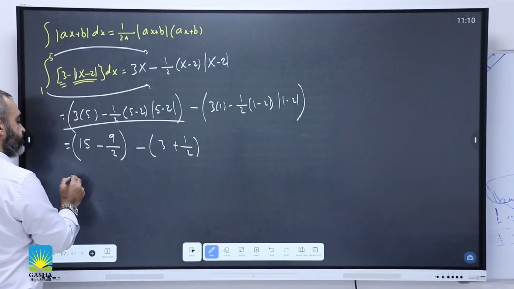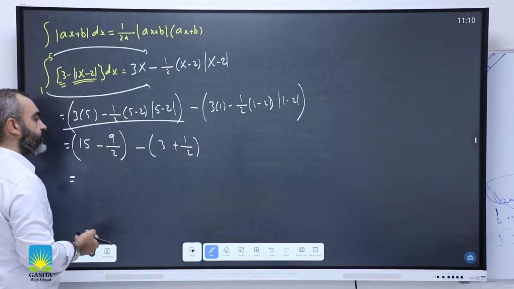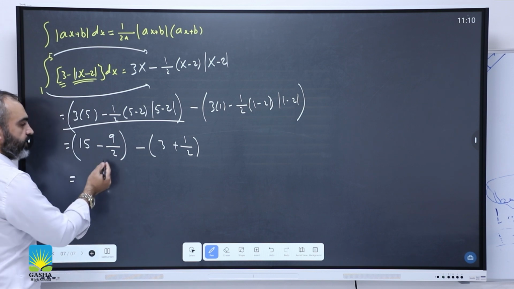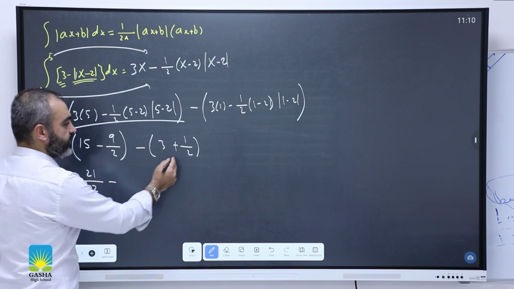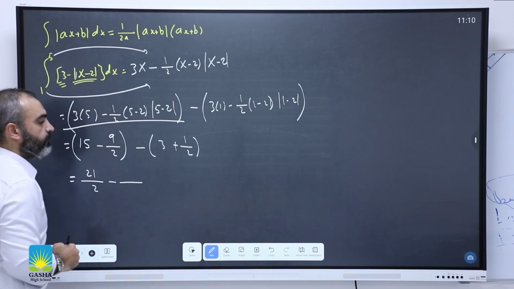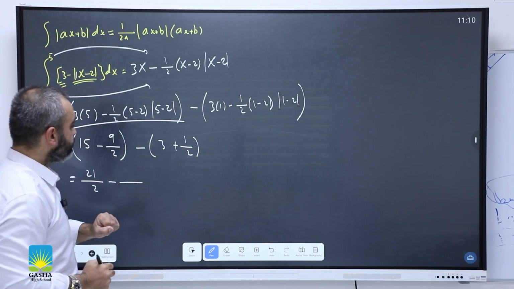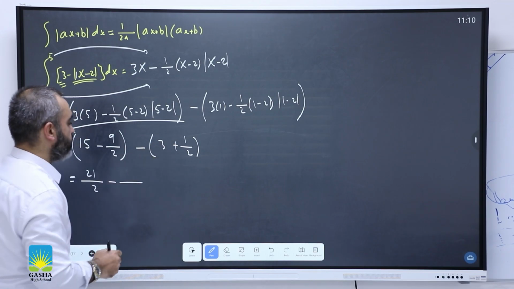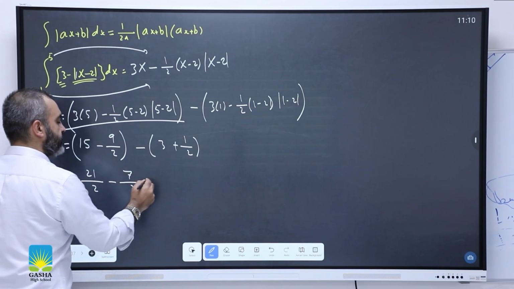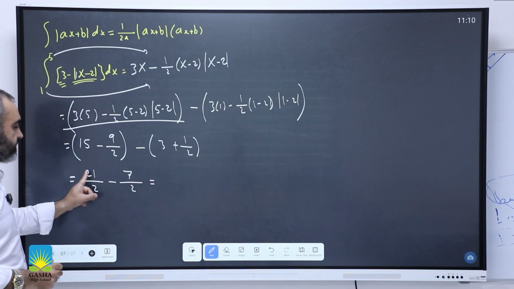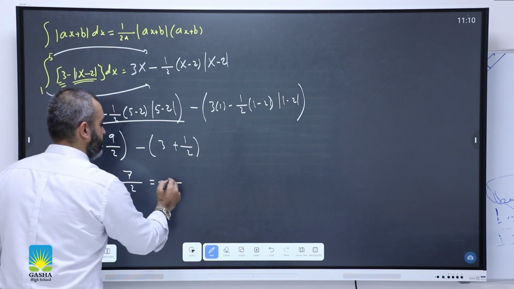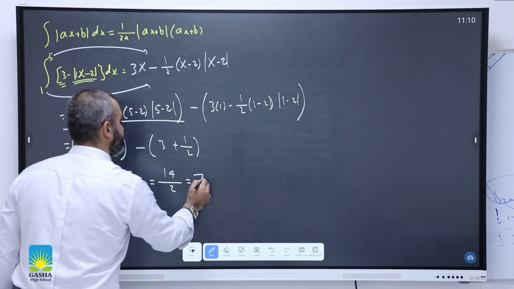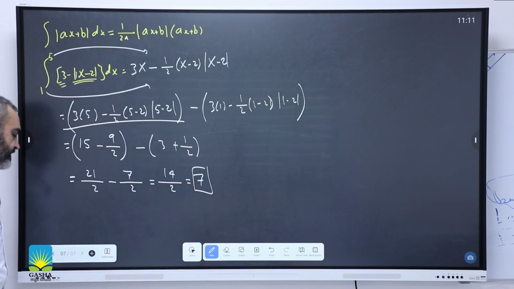So 15 minus 9 over 2 is 21 over 2, minus, so this is 2 times 3, 6, plus 1, 7 divided by 2. So what about this? 21 minus 7 is 14. 14 divided by 2 is 7. Also 7.